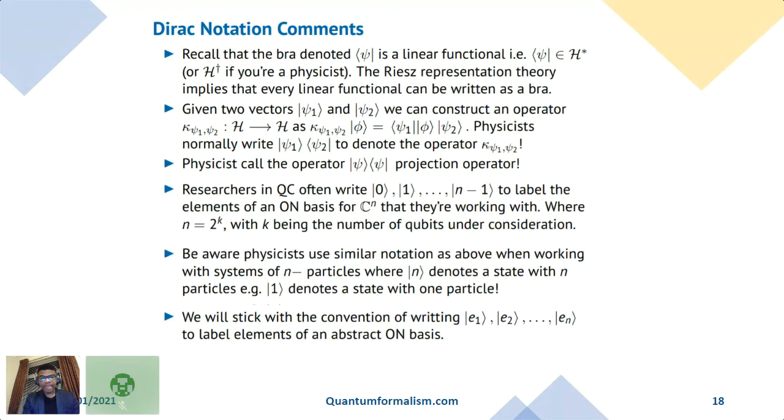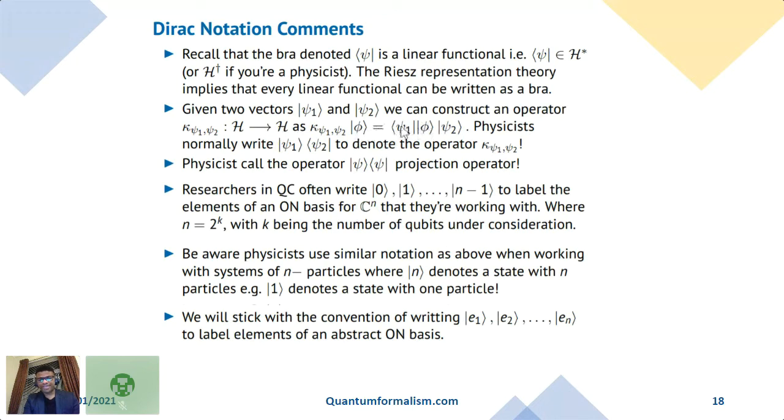Okay, now another operator that I forgot to mention is this one. If you have two cats, let's call them psi1 and psi2, we can construct another operator. I will call it kappa psi1, psi2, lack of imagination, that goes from H to itself. So it's an operator, and it's defined like this, okay?